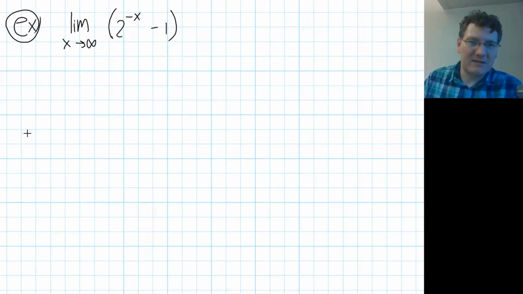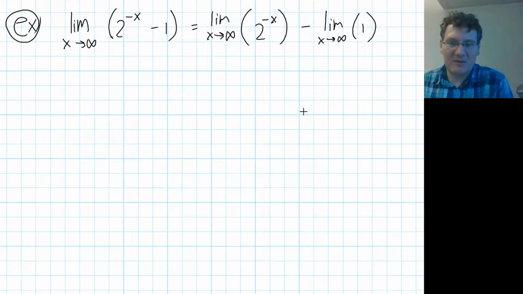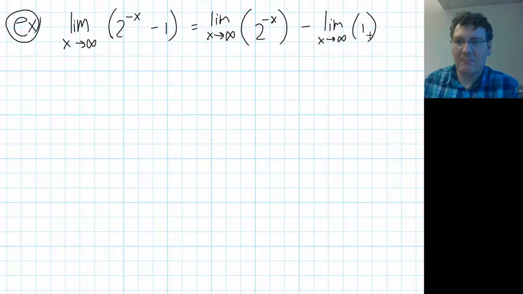Okay, let's take this as an example. Let's look at the limit as x goes to infinity of 2 to the negative x minus 1. First, I'm going to split this into two limits: the limit of 2 to the negative x minus the limit of 1. Now, the limit of 1 is just 1, so that's no problem.